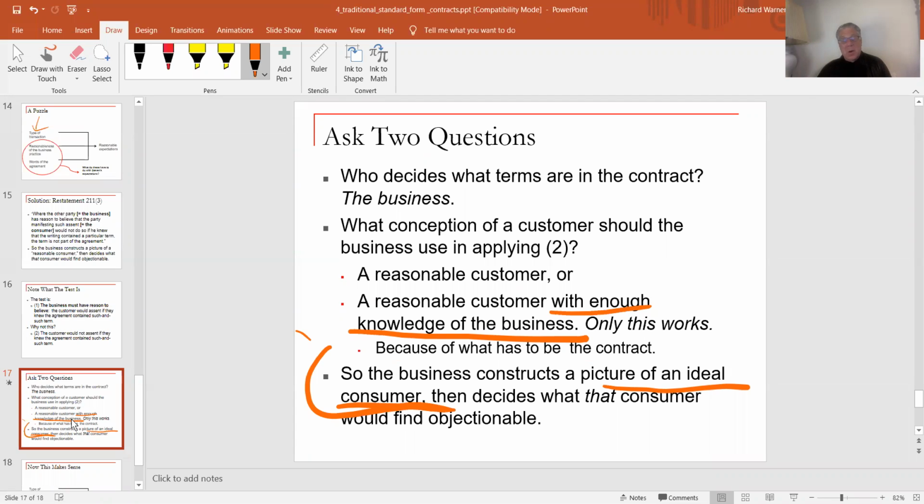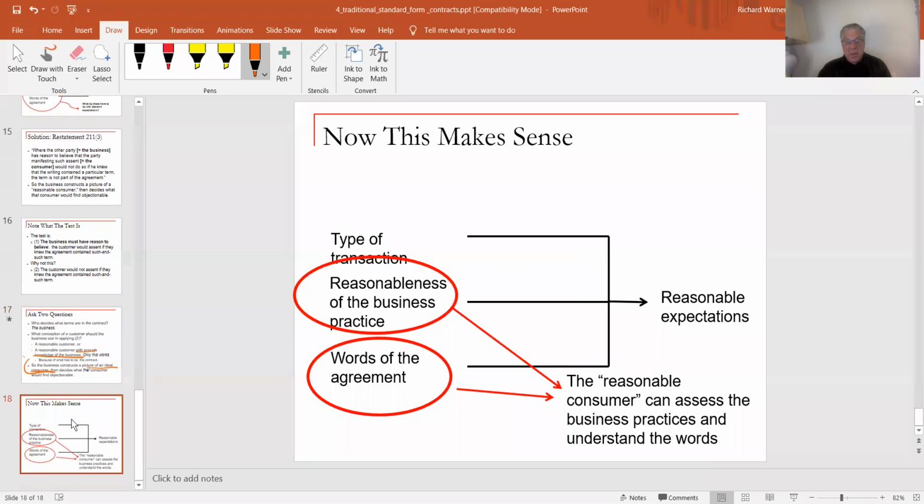That's the consumer we're talking about. No other constraint about what consumers reasonably expect makes practical sense, because no other way of doing it will allow the business and their lawyers to put in the terms that the business needs to adequately protect itself under the contract. So this makes sense.